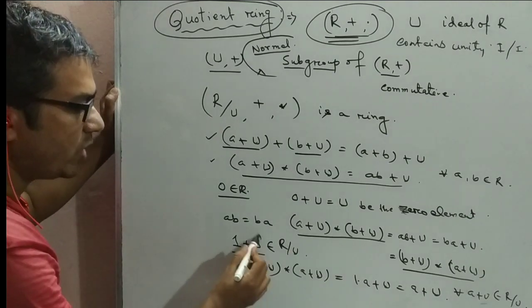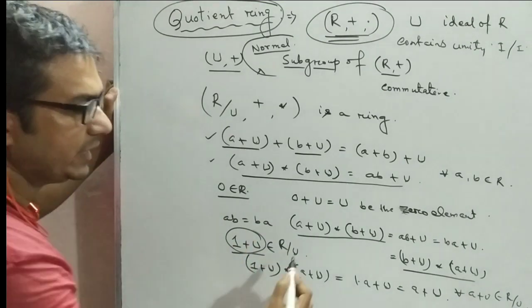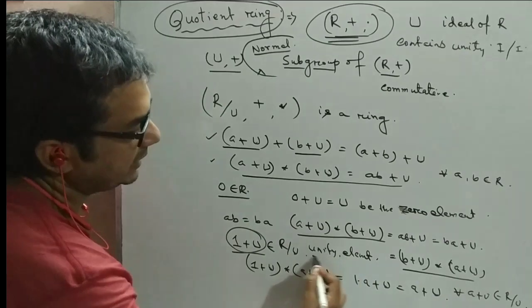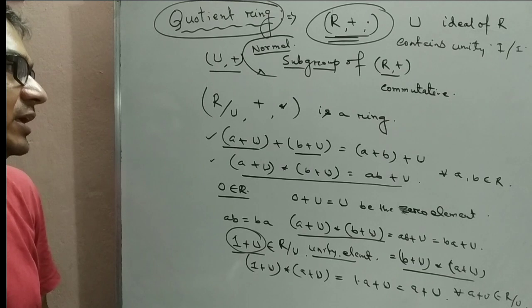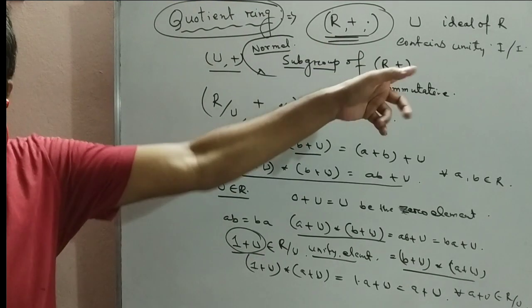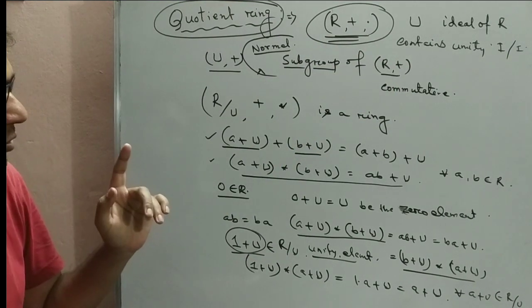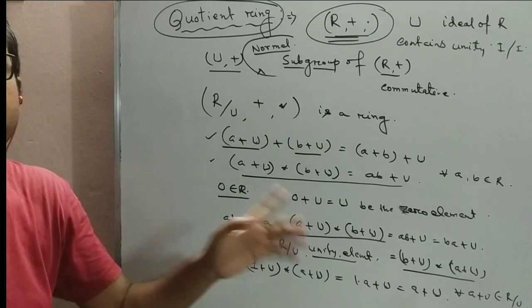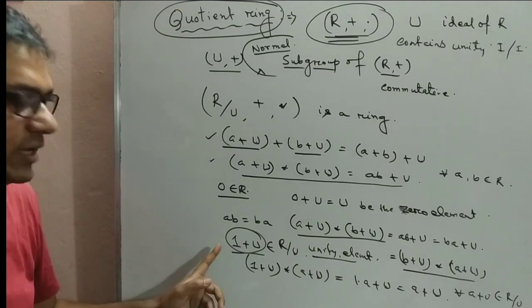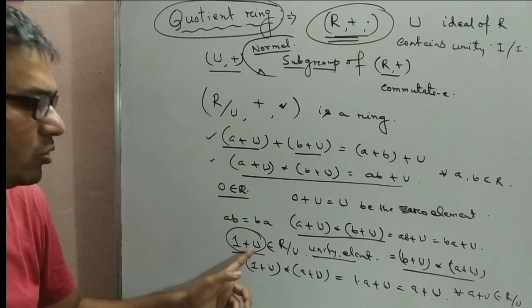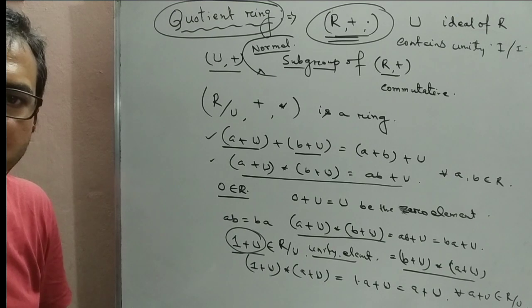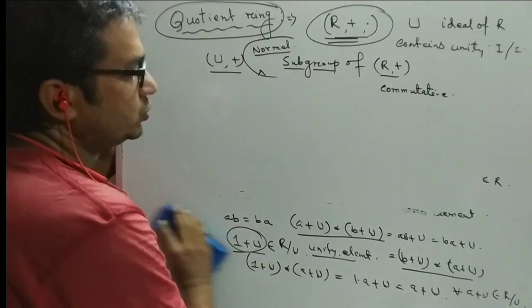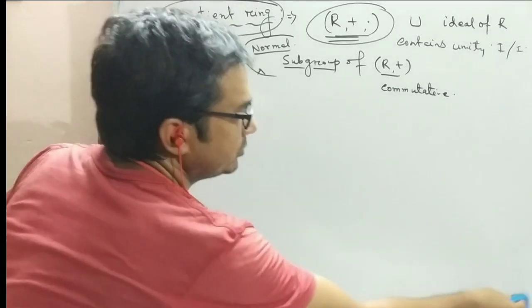So we say that 1 + U belonging to R/U is the unity element. That is, if the mother ring contains unity, then obviously the quotient ring also contains unity, and the unity element of the quotient ring is 1 + U or I + U. Okay. Now we go to some examples of quotient rings.